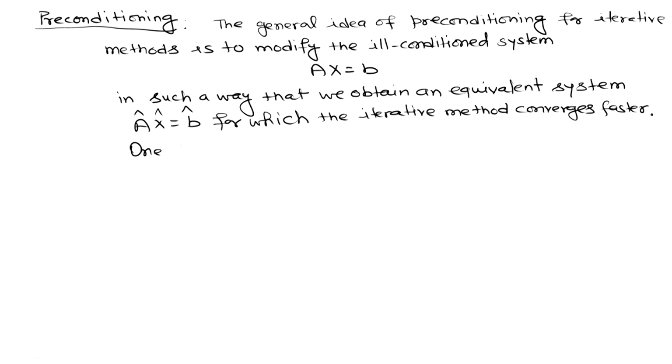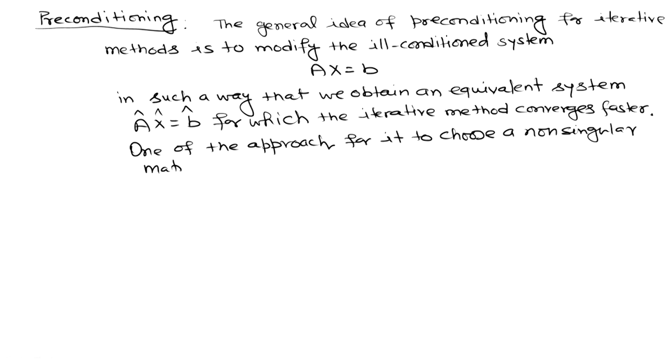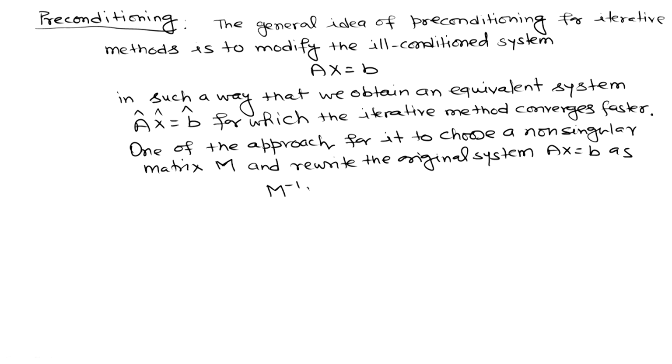One approach for doing this is to choose a non-singular matrix M of the same size as the coefficient matrix A, and rewrite the original ill conditioned system Ax equals b as M inverse A x equals M inverse b.